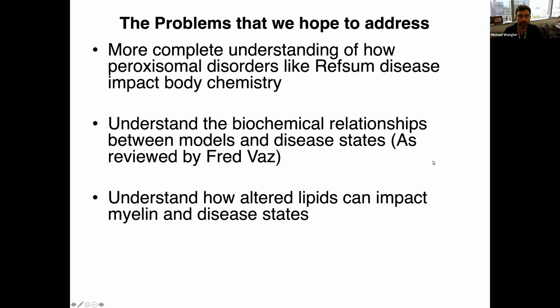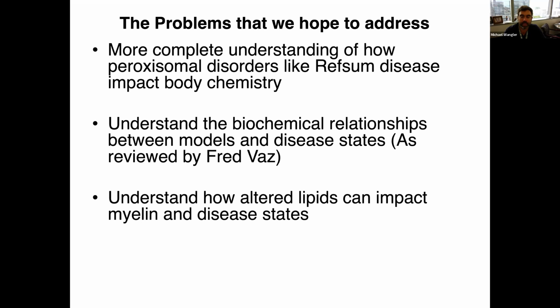So metabolomics, as Fred had explained it, is a method that we've been using at Baylor College of Medicine. The problems that we hope to address are how different peroxisomal disorders, of which Refsum disease is one, impact the total body chemistry.